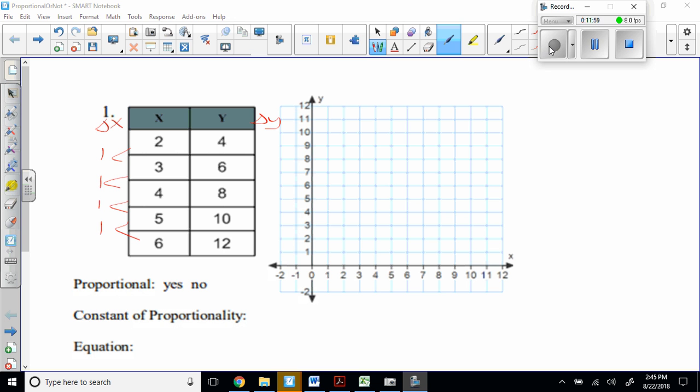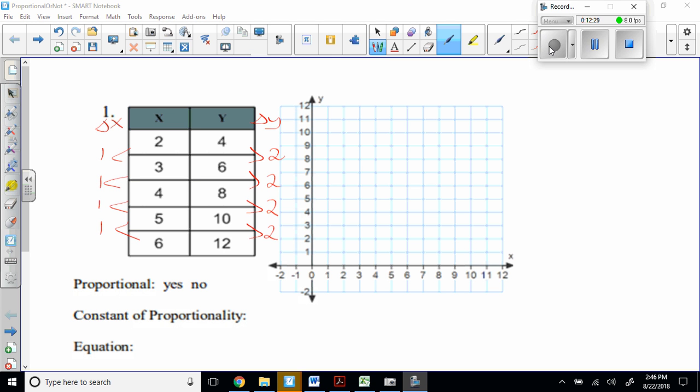Now, how are my y's moving? Is it positive 2 or negative 2? How do you know it's positive 2? The numbers are increasing. As you progress down the y's, the numbers are getting bigger. They're getting bigger by 2 every time.